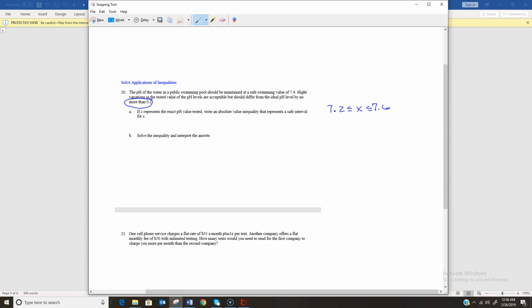Oh, it says solve the inequality and interpret your answer. We just kind of went through that already. I guess what they meant was we're supposed to do x in the middle. Gosh, I'm not sure here.